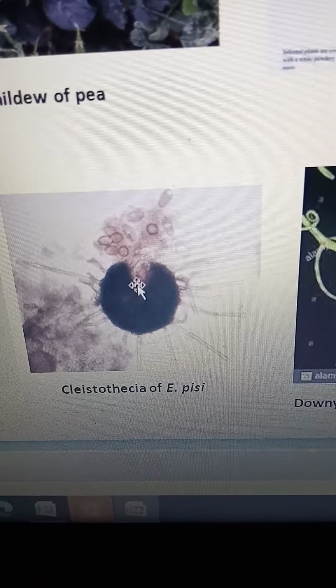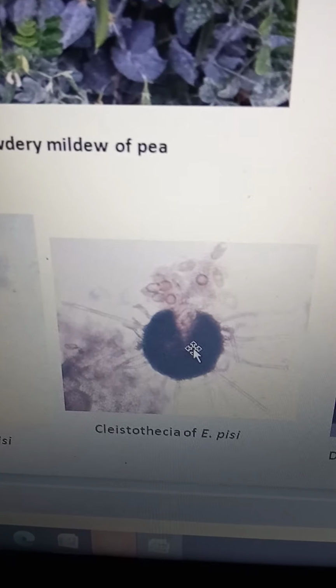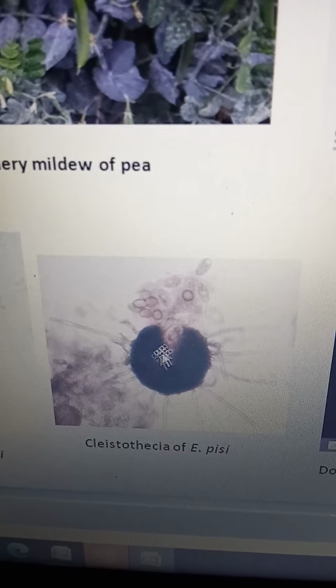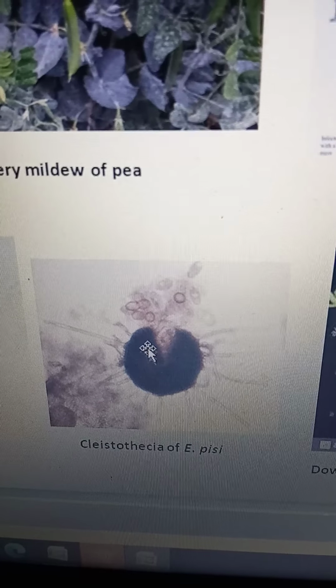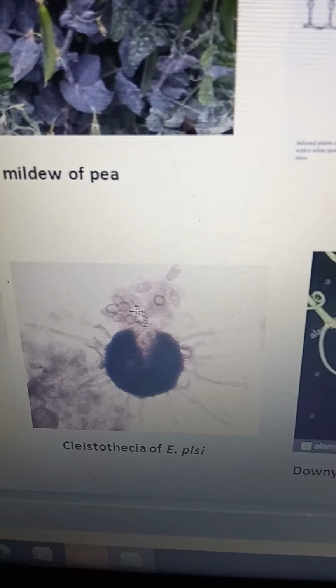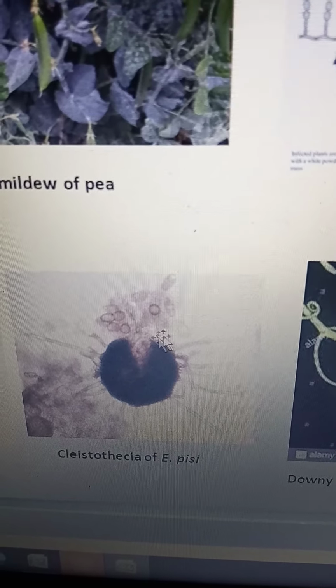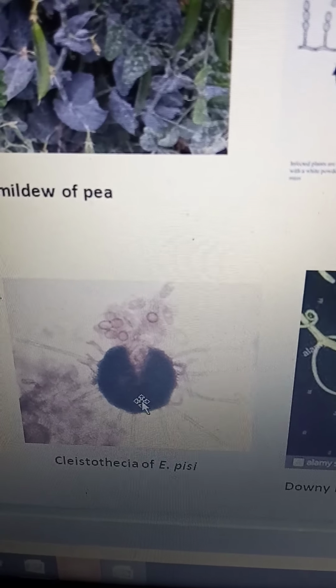And this is the cleistothecium, and these are all the appendages of the cleistothecium, which is the resting structure which is formed after the harvest of the main crop. And when the favorable conditions come, this cleistothecium will break open and all the spores will be released from the fruit. These are all the spores which are released by the turgid pressure of the environmental conditions.